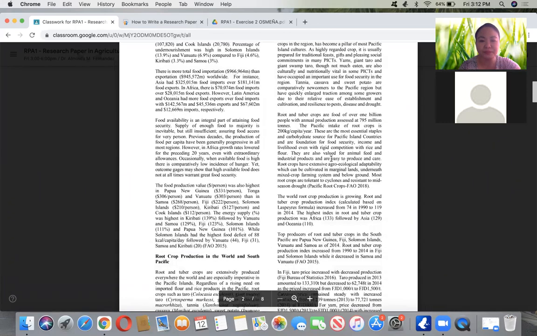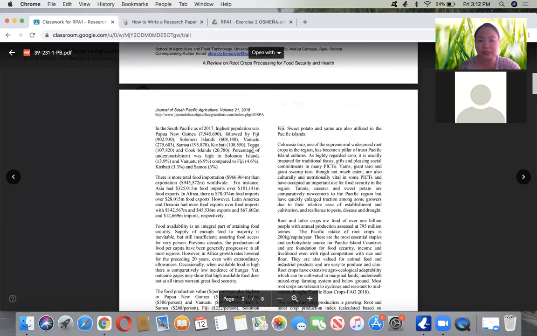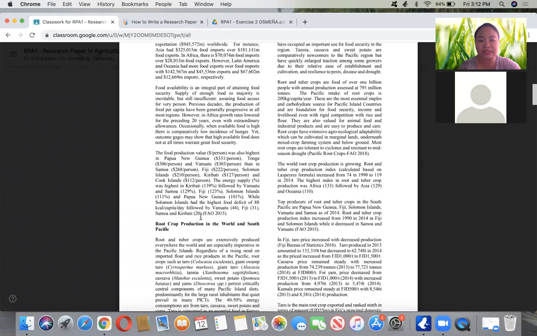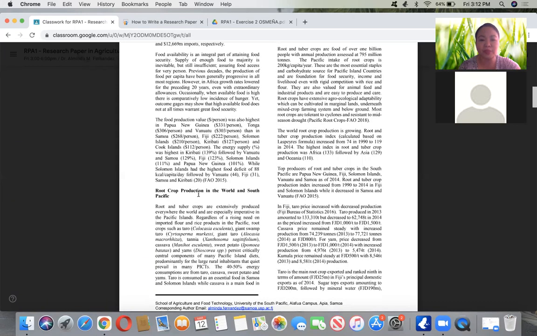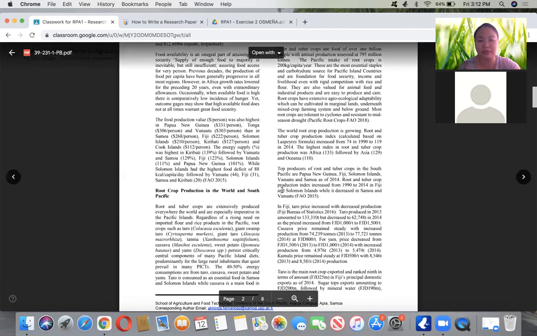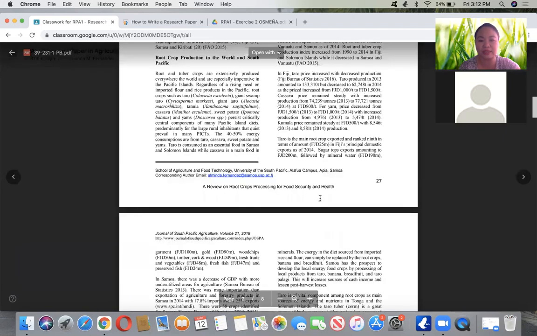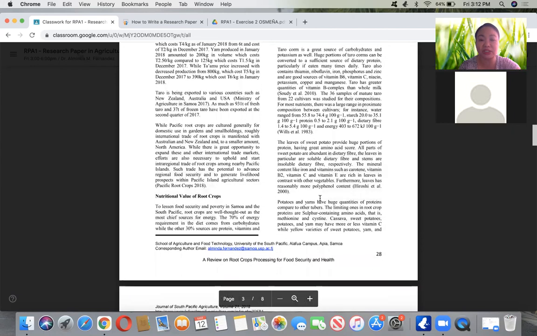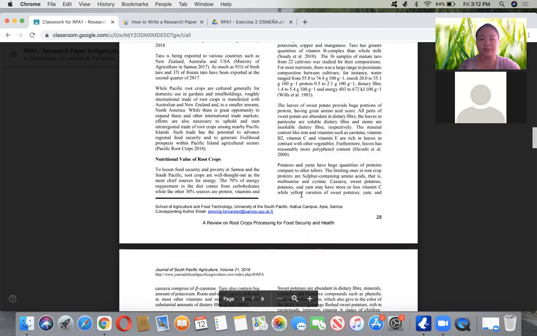There are proper references and citations, like from FAO, where I got them. Root crops in the world and South Pacific, root crop production. And if you notice, this is actually an 8-page review paper.